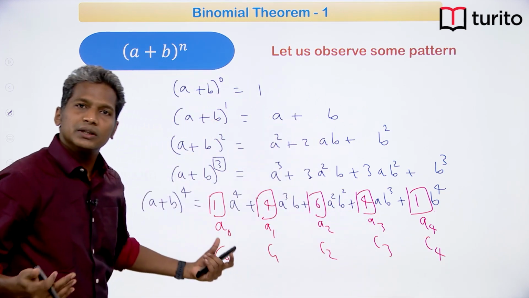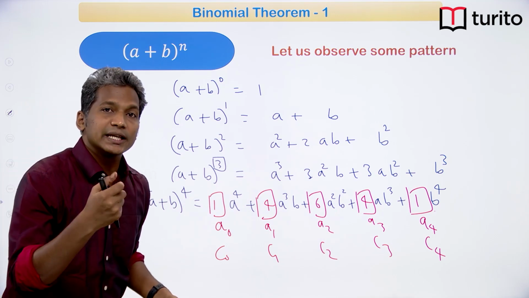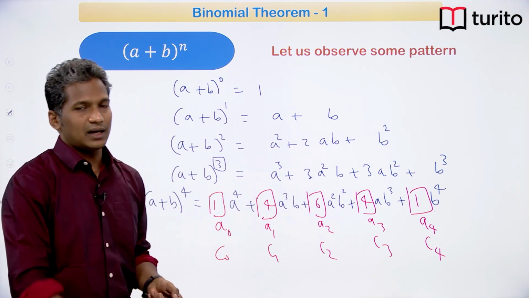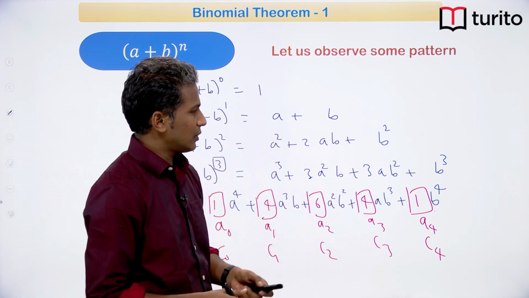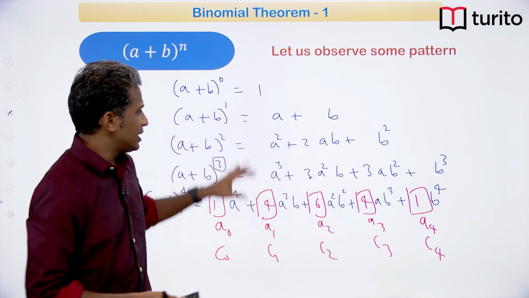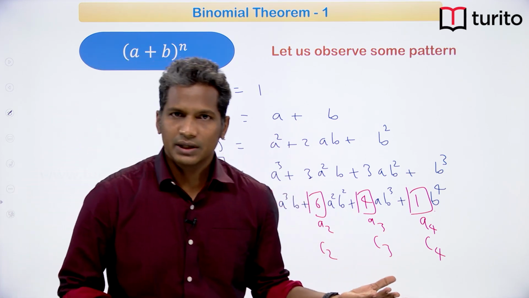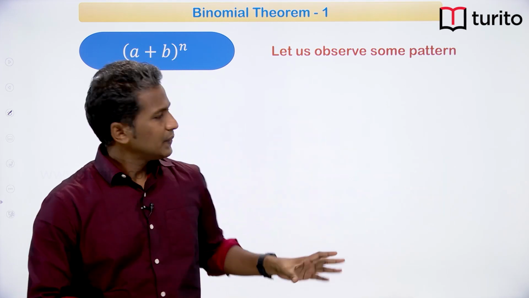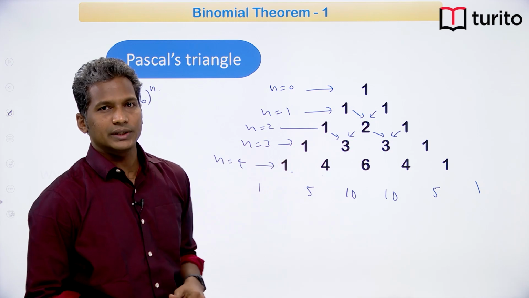C stands for coefficients, or we can also denote them using the idea of nCr. Okay. So nCr basically represents the coefficients. We will come to that a little later. So here we have understood what is the pattern and how these coefficients follow a pattern, and how this Pascal's triangle is helping us find the binomial coefficients.